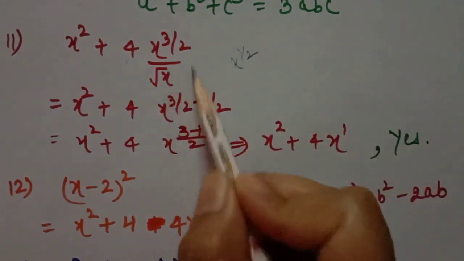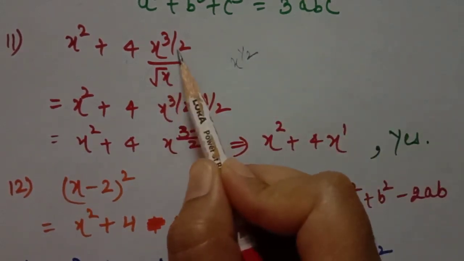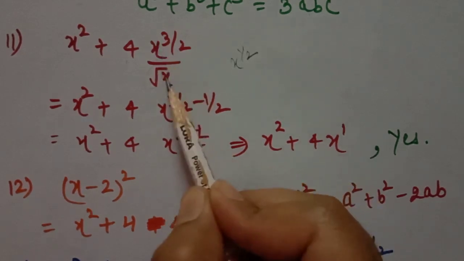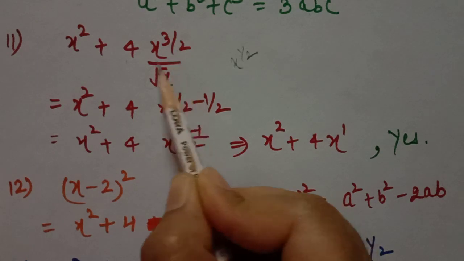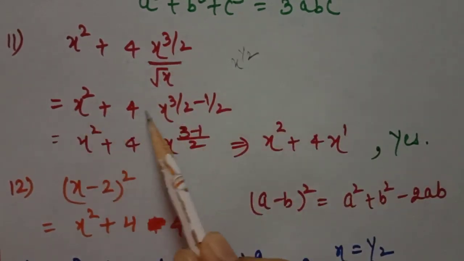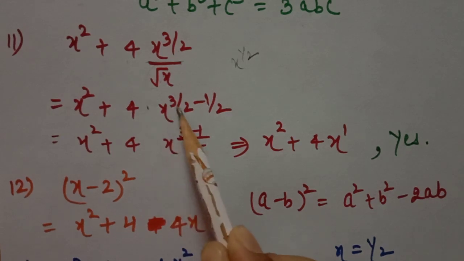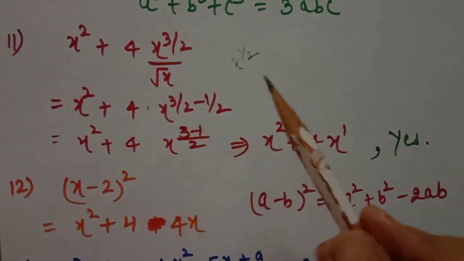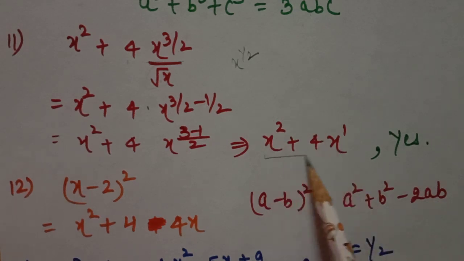So we will move this number to the numerator. We know it very well, when we have same base with different power and the division is there, then power will be subtracted from each other. So x square plus 4 multiplied by x raised to the power 3 by 2 minus 1 by 2. Then we will take LCM. After LCM, it becomes like this.